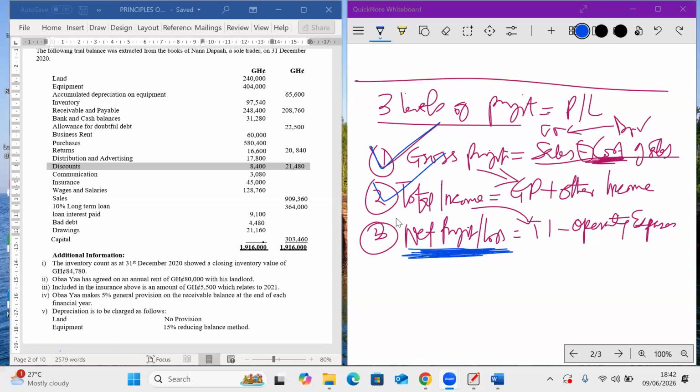It's not net profit, that's the third. We found gross profits, we found total income. What's the next level of profit we have to finally solve for? Net profit or net loss. Then how do we get the net profit or loss? Total income minus operating expenses. Do we have the total income there already? Yes, sir. What are we to bring? Operating expenses.